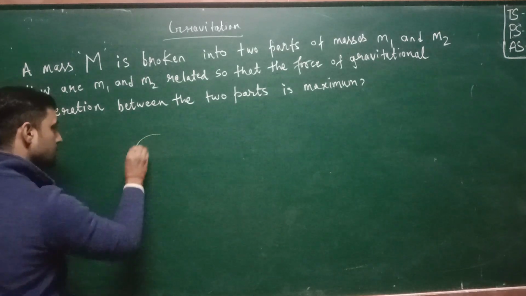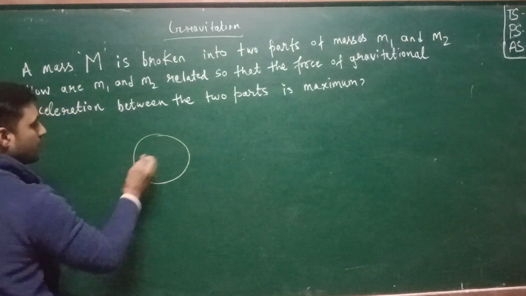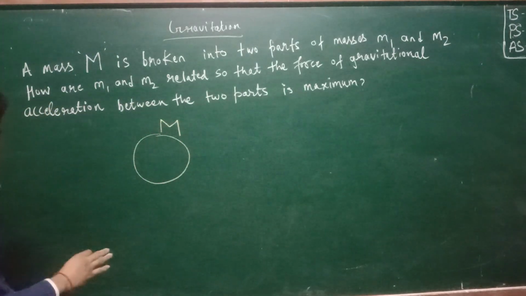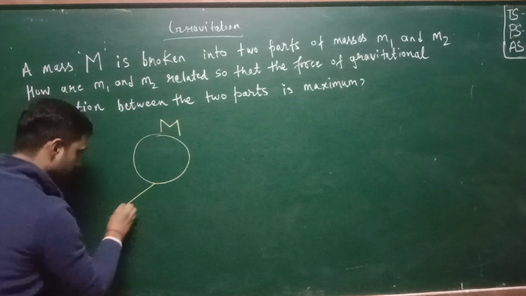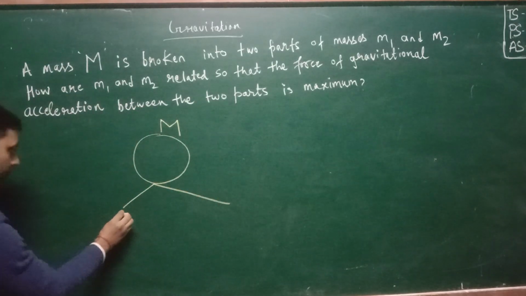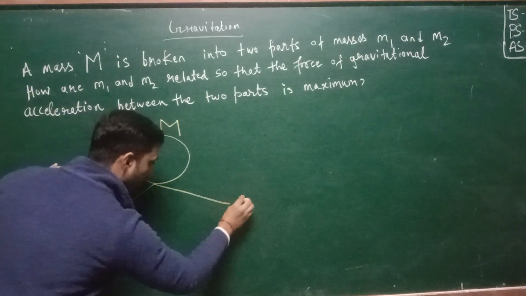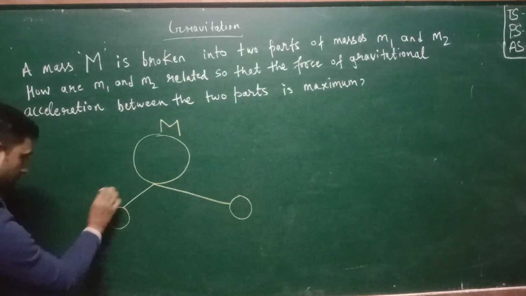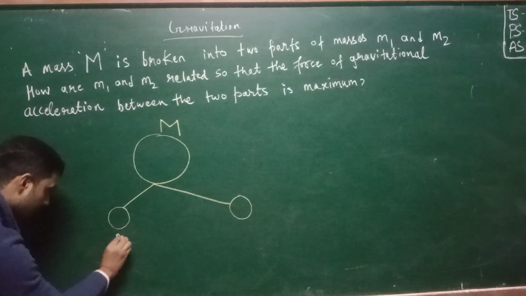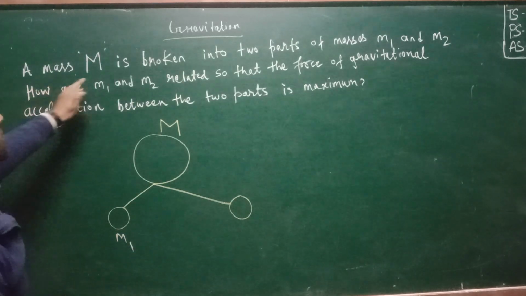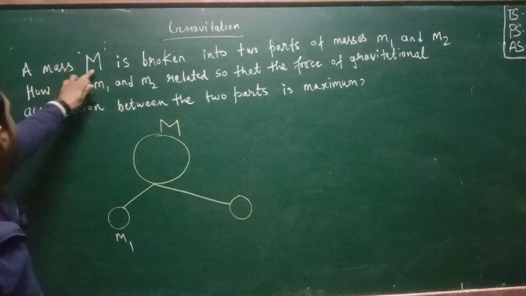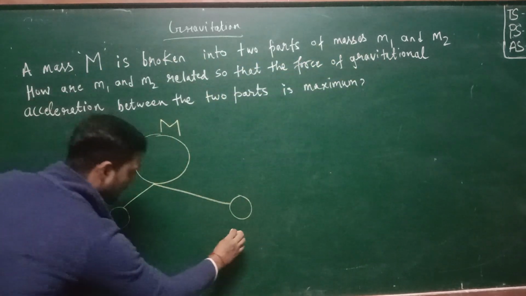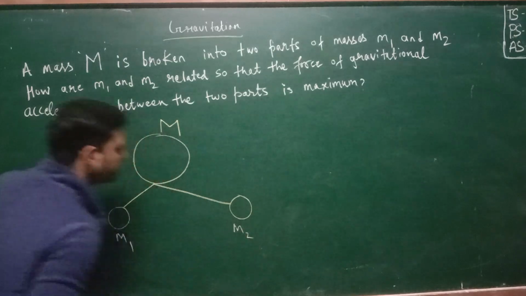Let's say there is a bigger mass, that is capital M. This bigger mass is broken into two small parts. Let's say the mass of the first part is m1 as per the question, and the second part's mass is m2.